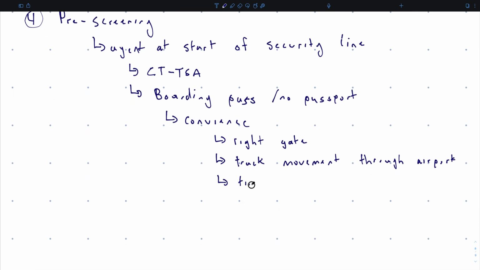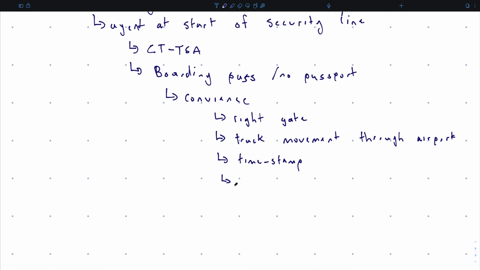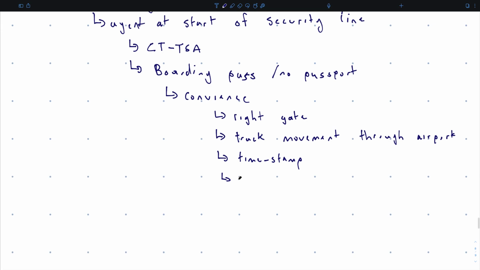Tied to that, they'll timestamp you too, so they know when you entered security. Were you 30 minutes before your flight was supposed to leave, or whatever the case may be? That may translate into a decision of whether they hold the flight for you or not.